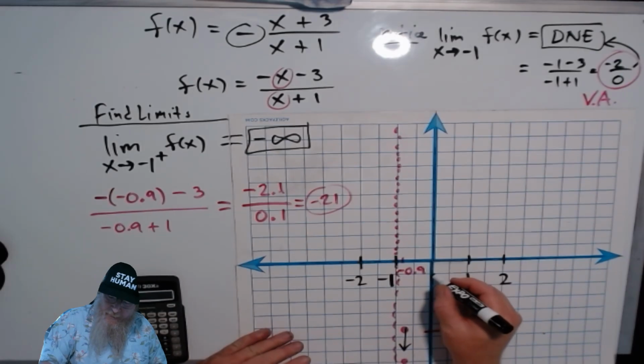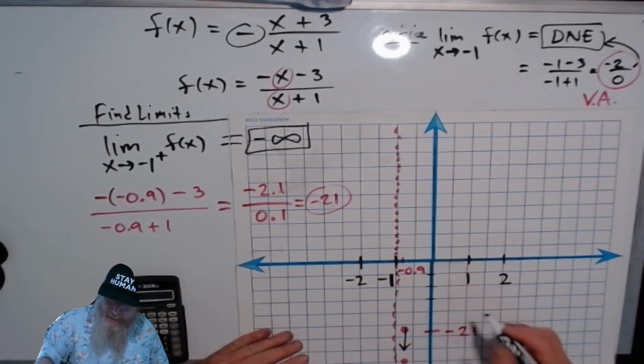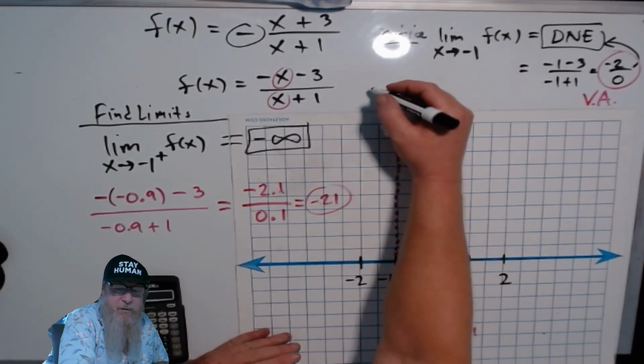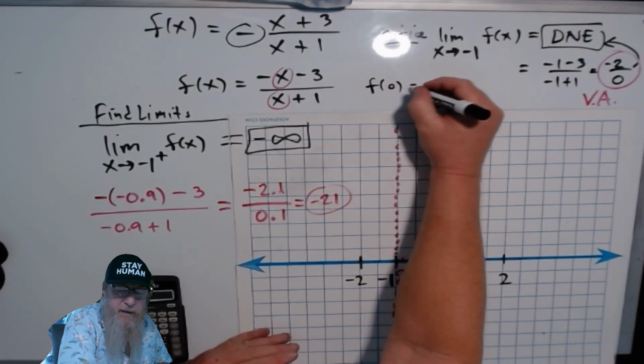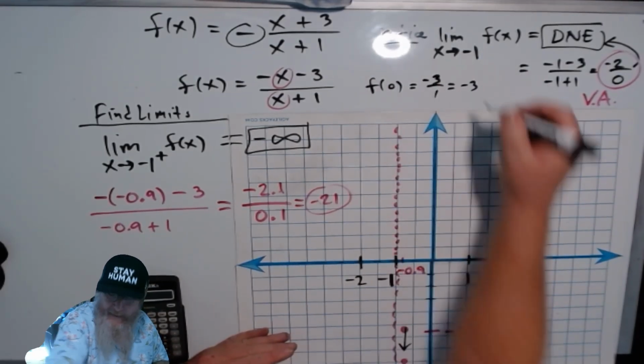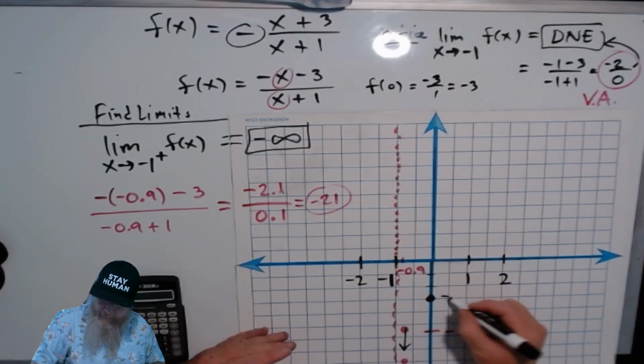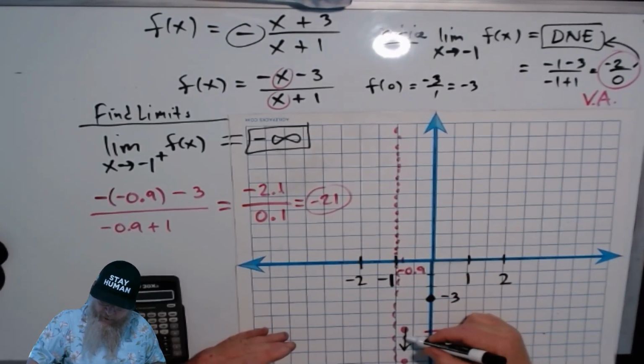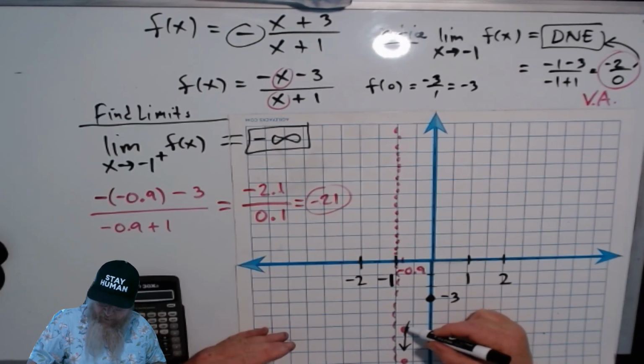I should also mention that if you plug in 0, evaluating at 0, you're just going to get negative 3. So I get a dot right here at negative 3. I know my scale is not that great.